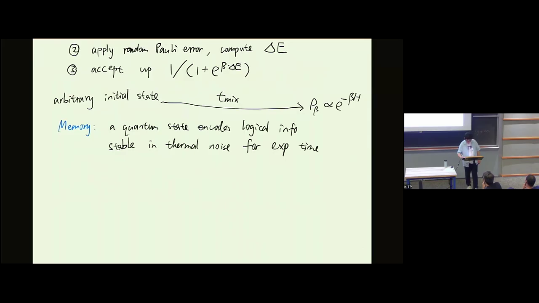Of course, throughout this talk, I will always assume that the temperature we consider is a finite temperature below the critical point of the quantum system. So it has the memory phase.